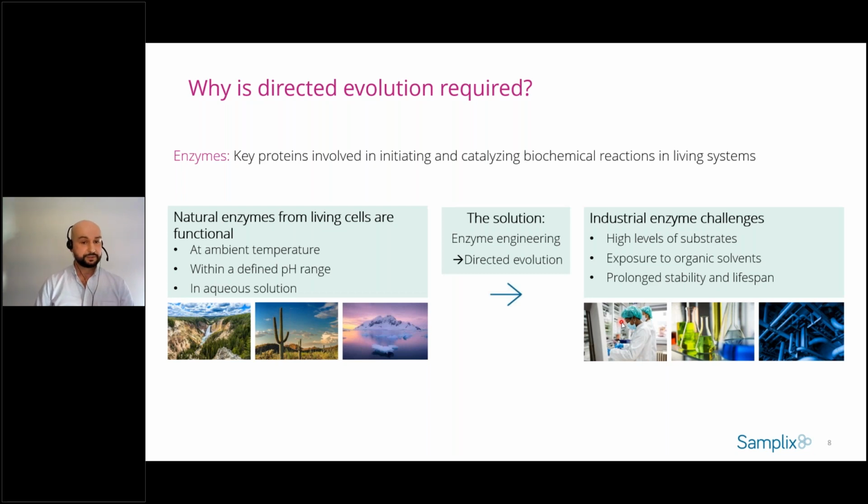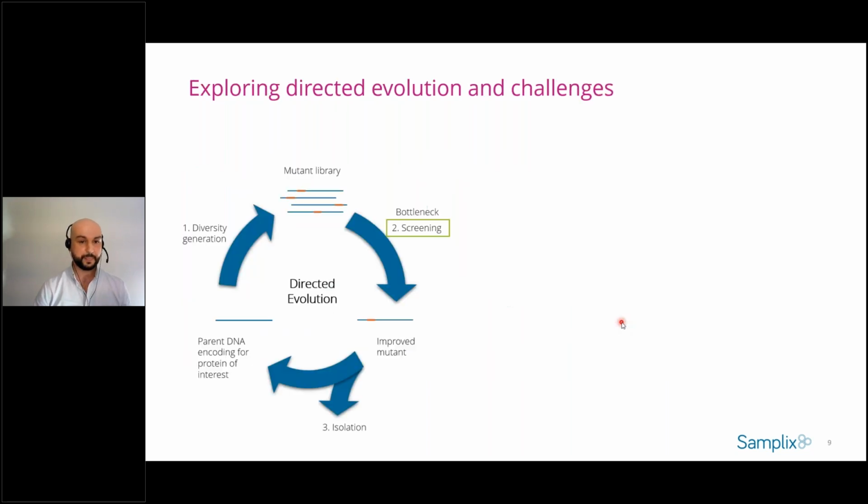So that's why the solution is to improve enzymes and to engineer them to perform in industrial applications, to have a greener production of fine chemicals, pharmaceuticals, and for example, in the food industry. And the solution for this one is, alongside other methods, directed evolution.